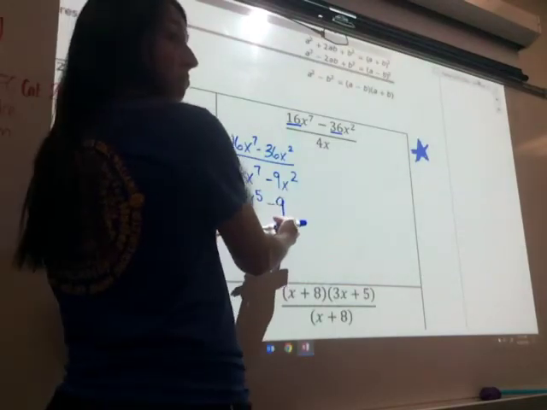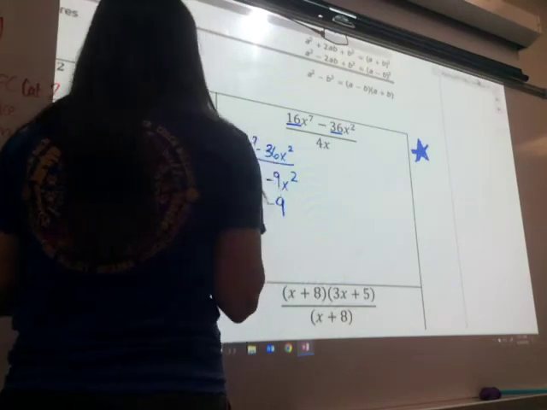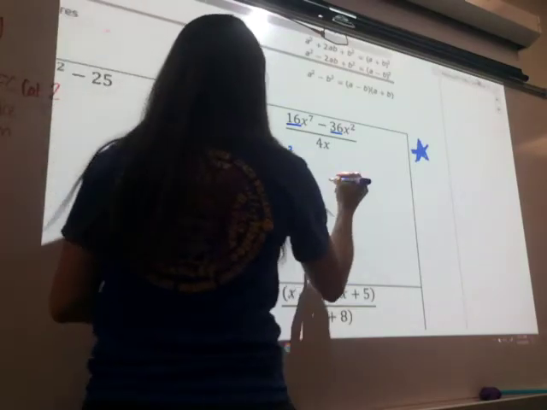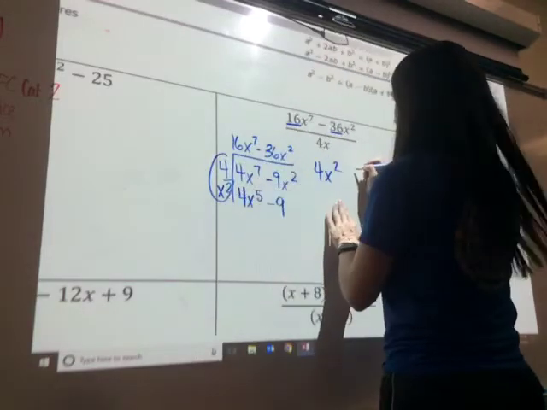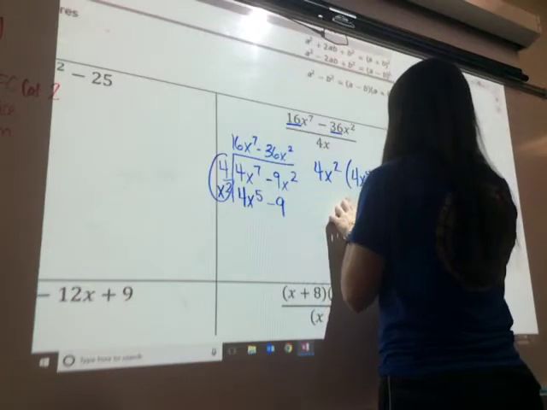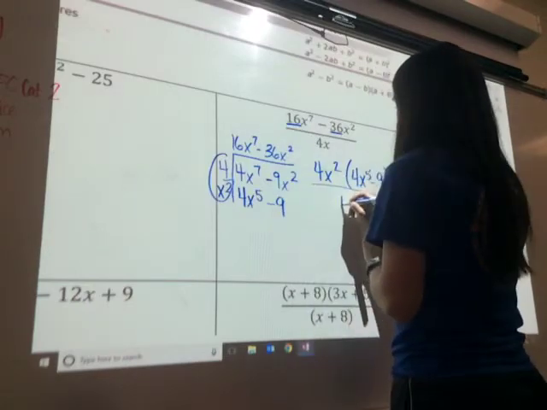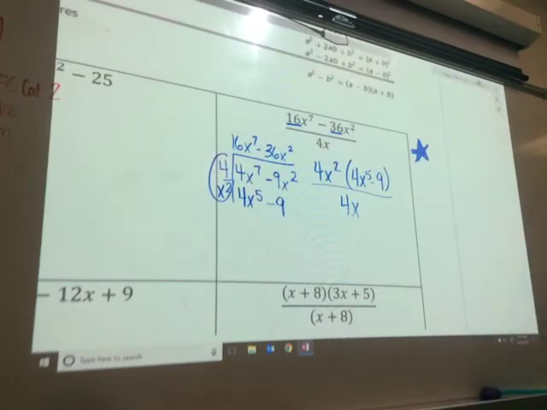Do I need any more? I'm done. So my GCF for this problem is what? 4x squared. Okay. Parentheses, 4x5 minus 9. That's on top. And our bottom stays the same because there's nothing I can pull out of that bottom, right?